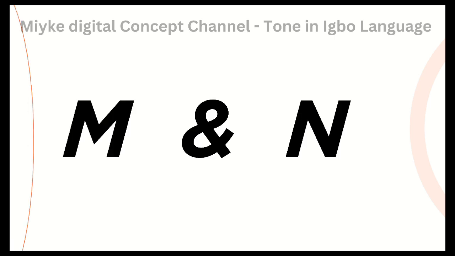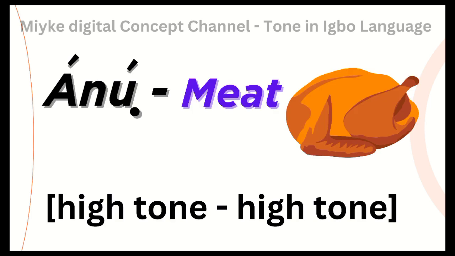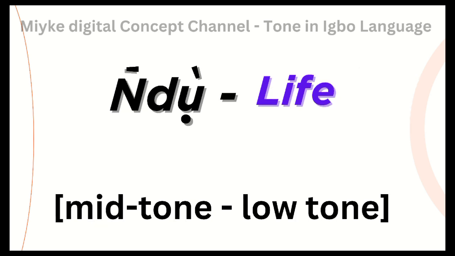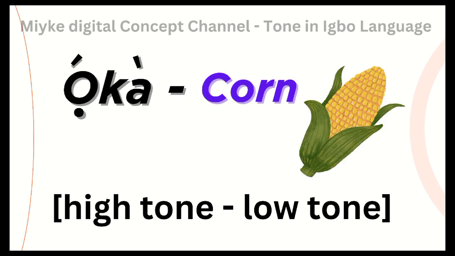But quickly, other examples are like Ano, which is high tone, Ano, mid. The other one is Ndo, which is a mid tone, low tone. That is Ndo, live. The other one is Corn, Oka.